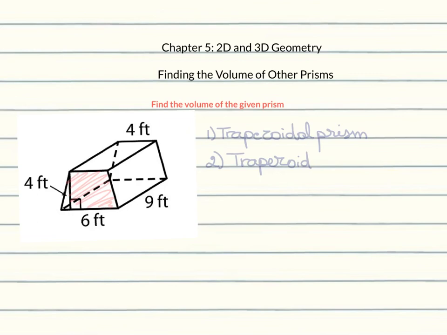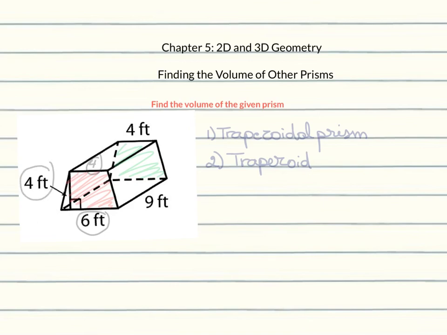Let's identify the dimensions that are needed to find the area of this trapezoid. As you can see here, one of the bases is 6. The other base is 4 because both the trapezoids here are equal to each other. So the other trapezoid is of another base, which is 4. And the height is 4 as well.